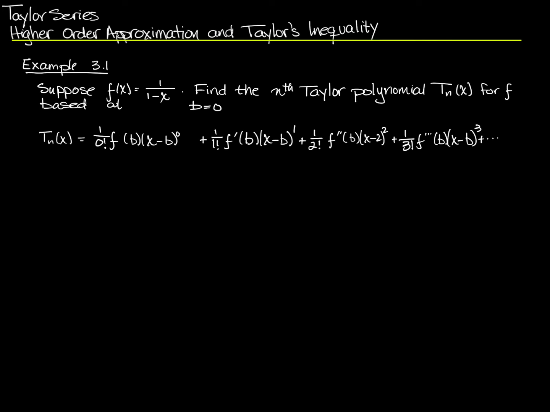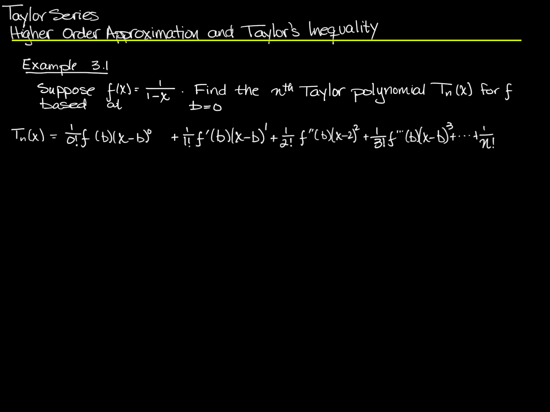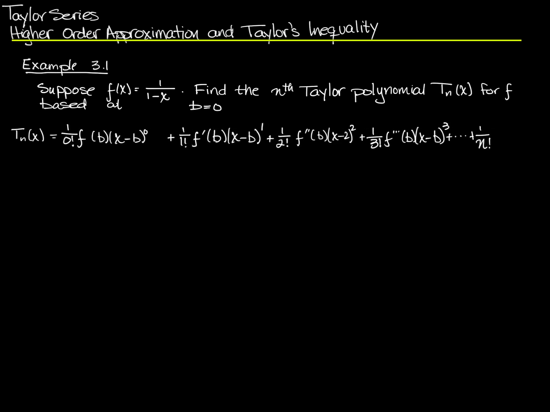Now, we've been asked to find the nth Taylor polynomial, so we need an nth term, and that's going to be 1 over n factorial times the nth derivative evaluated at b times x minus b to the power of n.